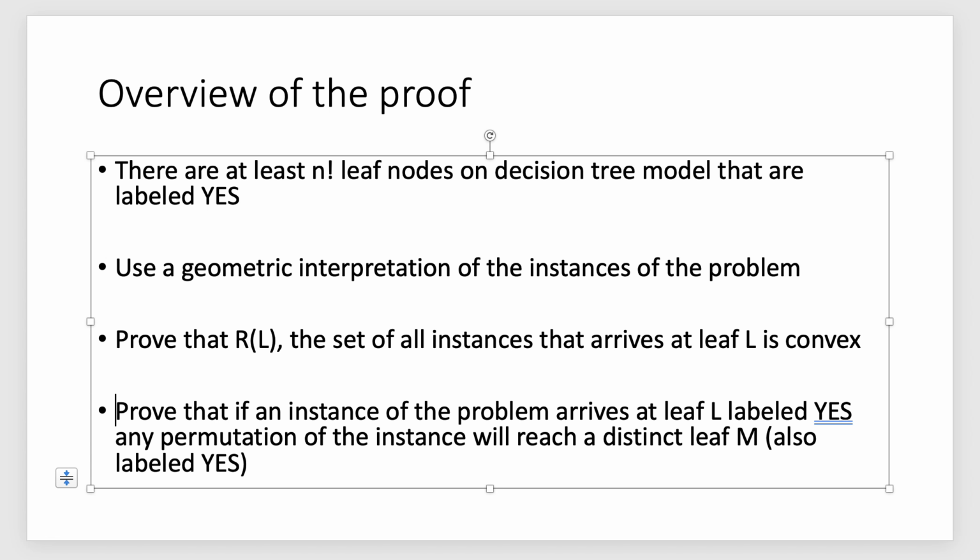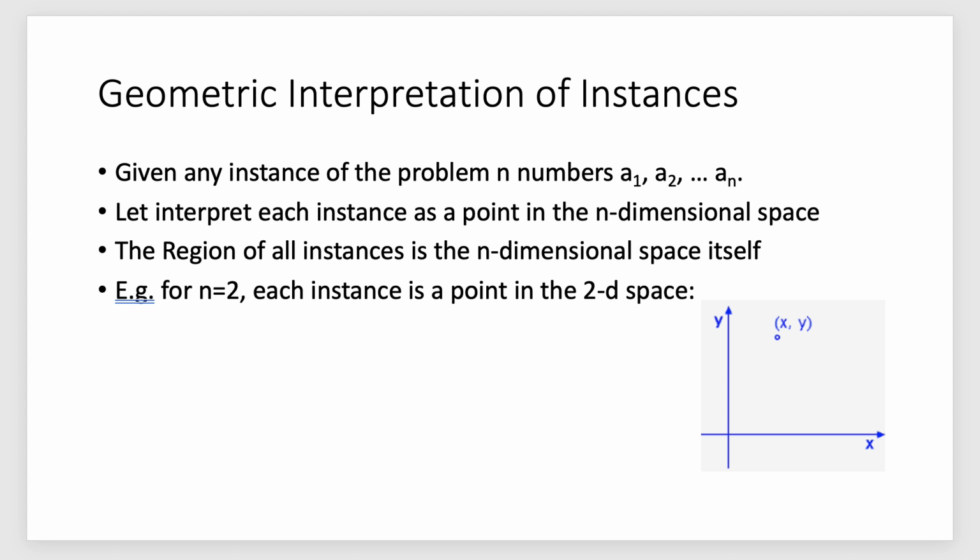So let's start with the geometric interpretation of the instance. Given an instance of the problem, the inputs are n numbers a1 to an. Let's interpret each instance as a point in the n-dimensional space. The region of all these instances is the n-dimensional space itself.